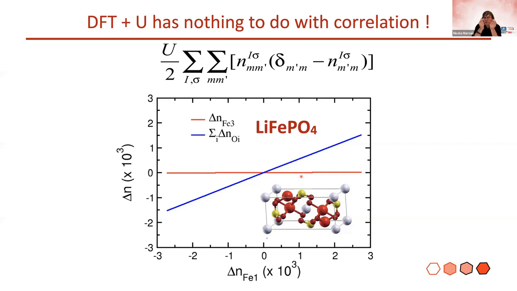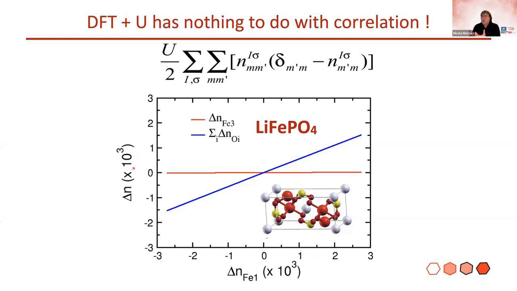The Hubbard model physics is one where you have sites and occupation, and double occupation on a site, they hate each other. Here, our DFT plus U formulation is completely oblivious. Once the occupation on one iron atom changes, the other iron atom is completely untouched.